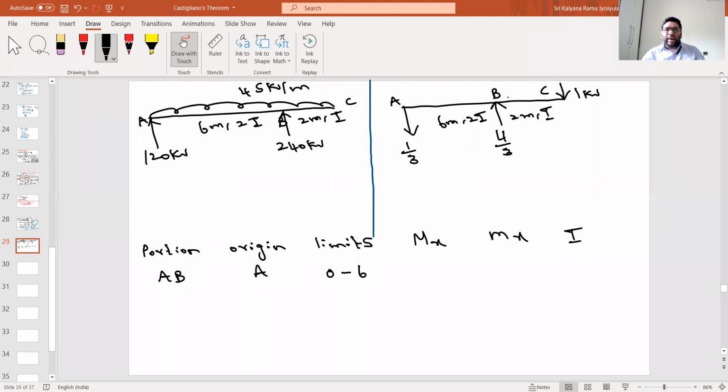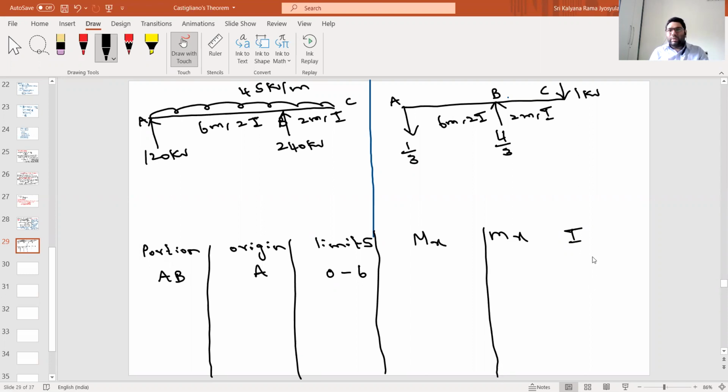Now let us see how to write the moment. We need to do it carefully, it's a careful exercise. Once we understand how to write the moment, then it becomes easy for us to take the things forward.